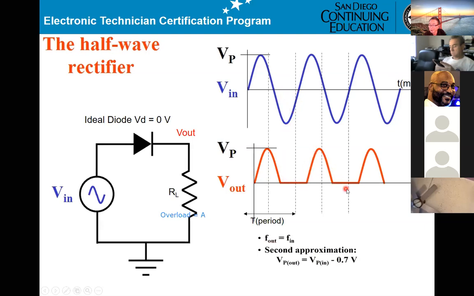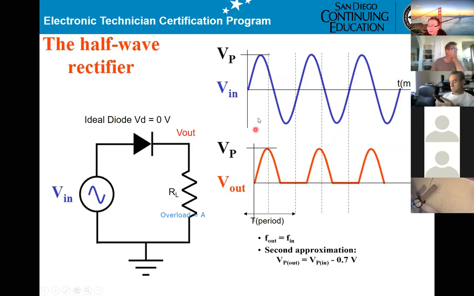And it keeps going. It rectifies only the positive, not the negative, so that's why they call it half-wave. The period of the input and the period of the output are the same, so the input frequency and output frequency will be the same.